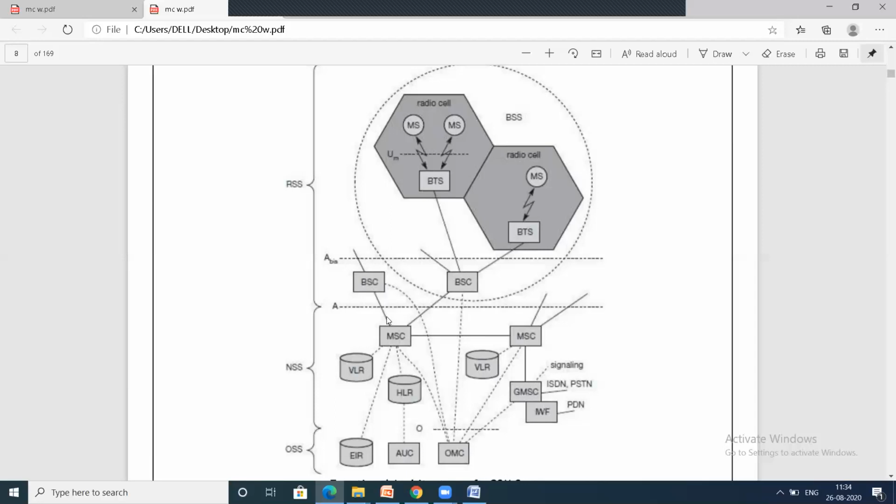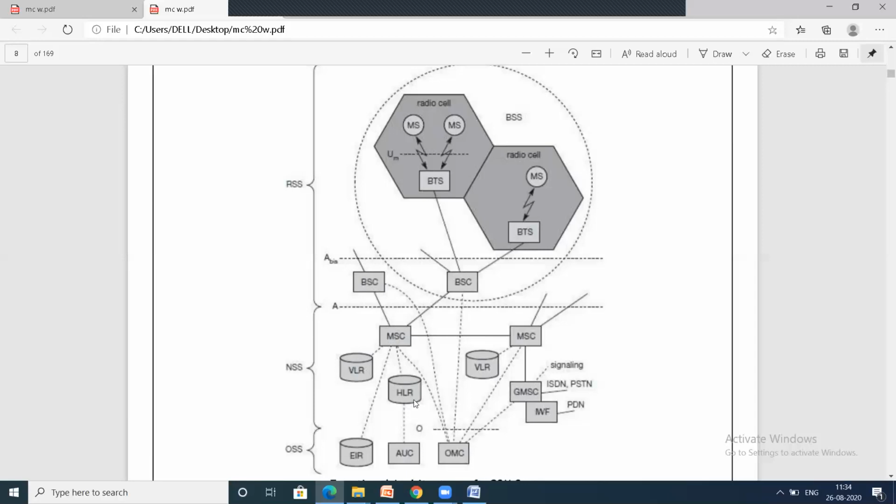Next, this is MSC, mobile switching center, and these are all the components of NSS, the network subsystem. MSC, mobile switching center, will take care of all signaling information. VLR, visitor location register, will keep track of all TMSI numbers and temporary data.